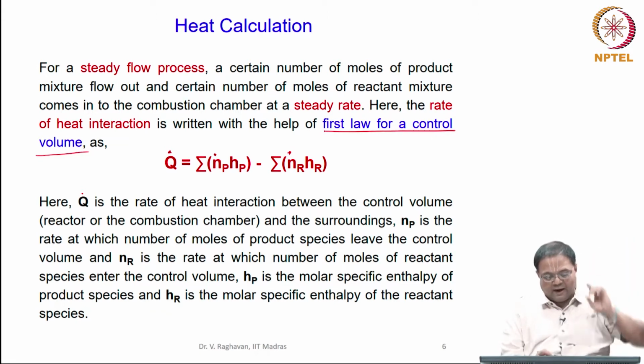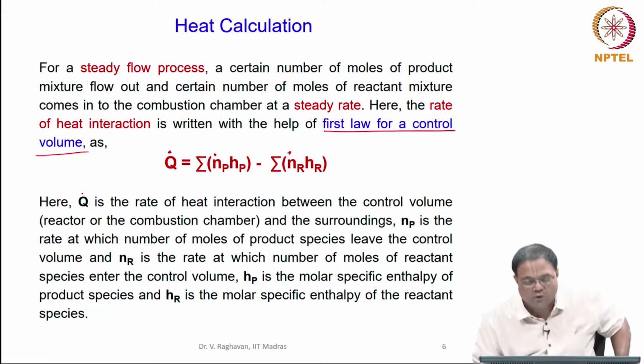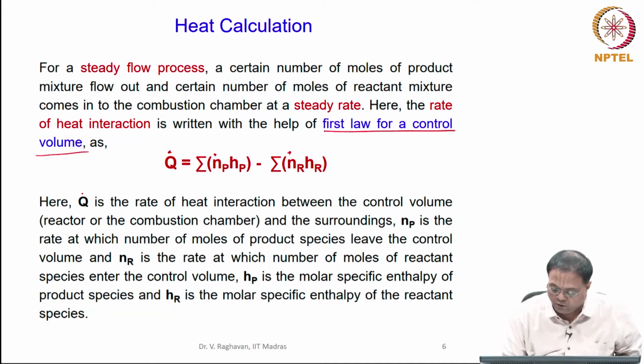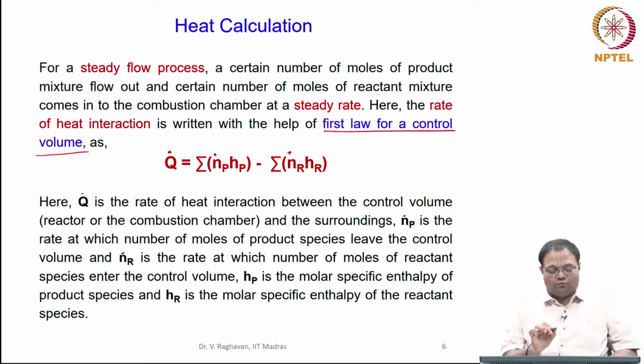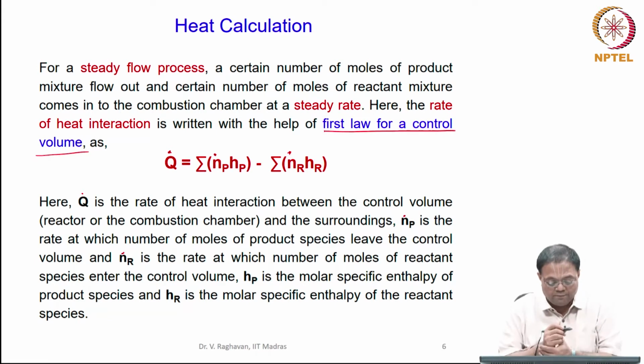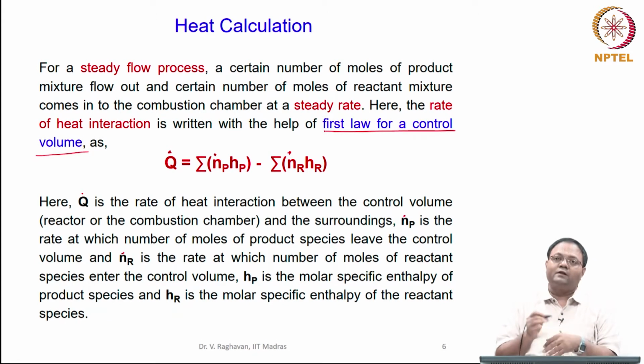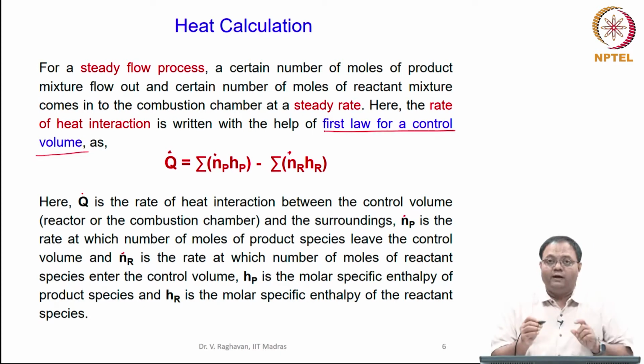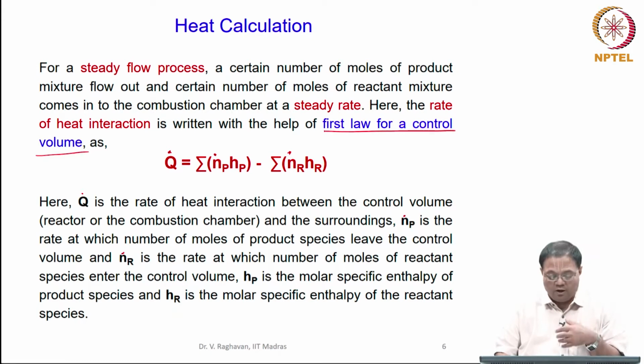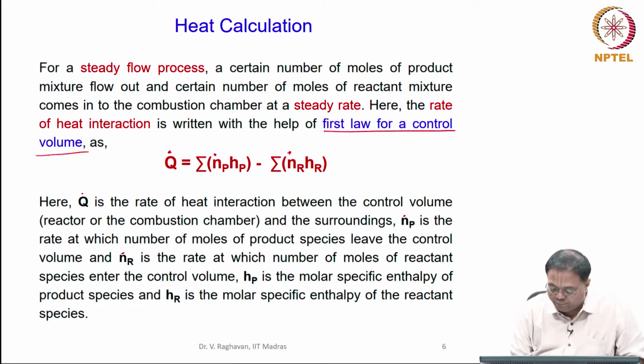NP is the rate at which the number of moles of products leave. Again I can put the dot here, I have not put it just for convenience. Similarly, N dot R is the rate at which the number of moles of reactants enter the control volume.